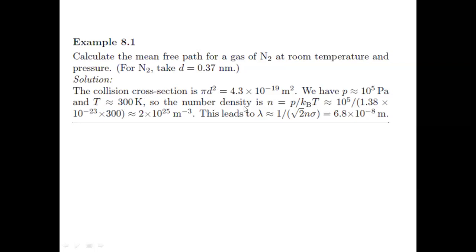So the number density N is the pressure over k_B T, which equals 10^5 divided by 1.38 times 10^-23 times 300, approximately 2 times 10^25 per cubic meter. This yields lambda equals 1 over the square root of 2 N sigma, which equals 6.8 times 10^-8 meter.